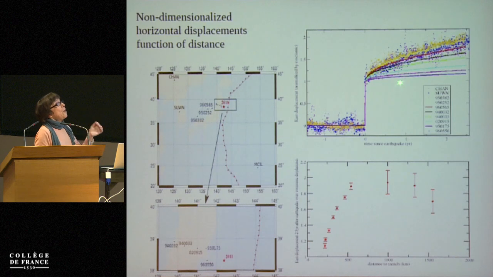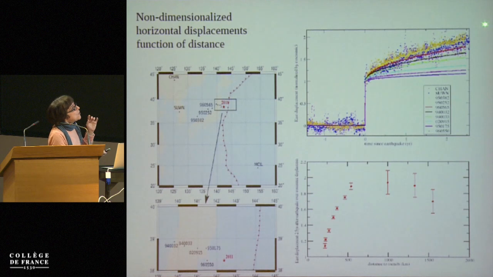What you see very clearly on this graph is that the slip, non-dimensionalized by the co-seismic slip, increases as a function of distance to the trench. Here are the points closest to the trench, and here the points further away from the trench.